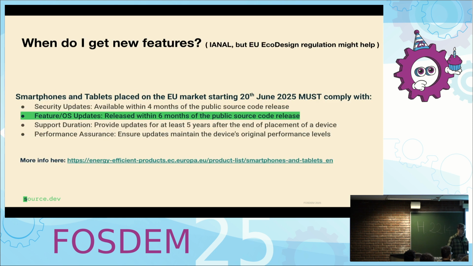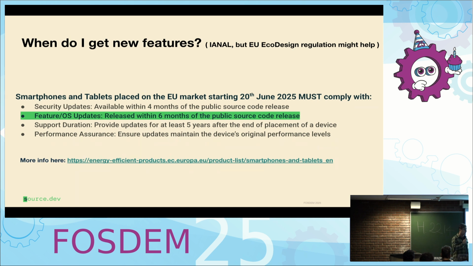So you might be thinking by this point, well, that's cool, but when would I get that? There's actually a lot of regulation coming in that says you need to get security updates and OS upgrades. There's regulation coming in for all the verticals. On the 20th of June this year in Europe, all smartphones and tablets placed on the market would have to support devices with 5 years of OS and security updates after the point of placement.